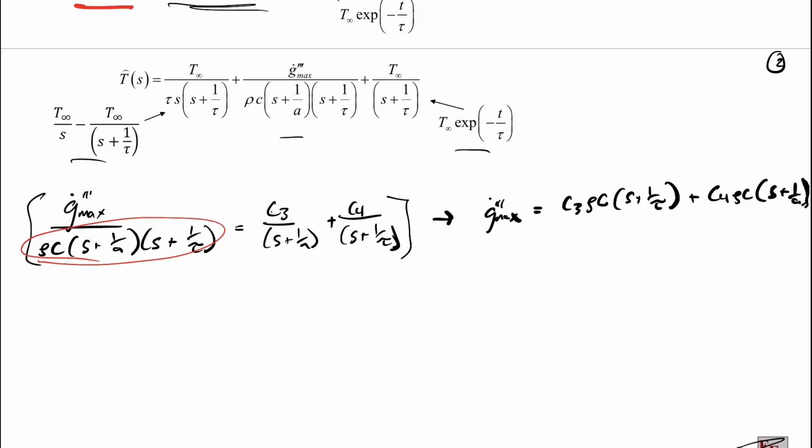Okay, so then we have S to the 0 and S to the 1 in this equation.